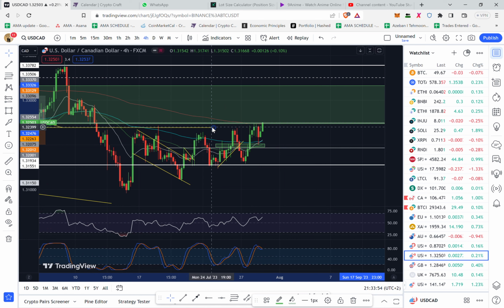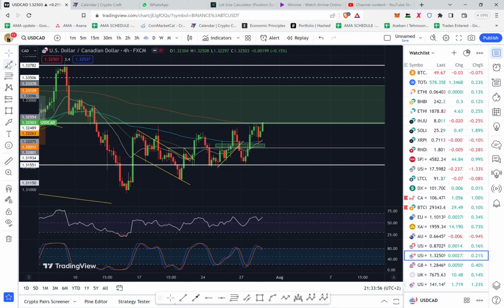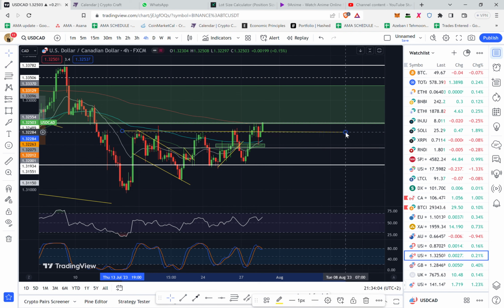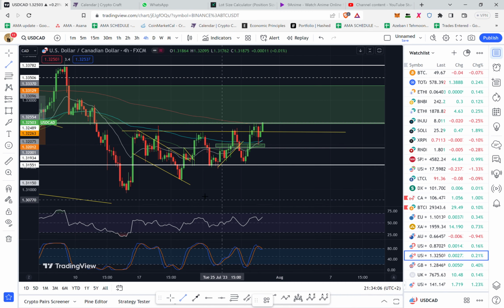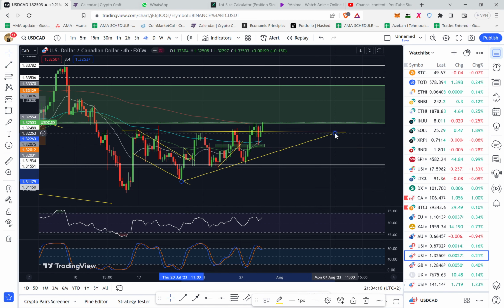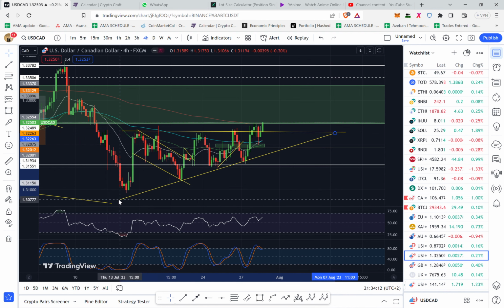So if we say this, and then we say this right here, there could be an ascending triangle right there.